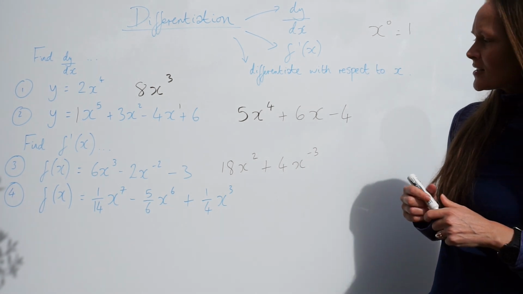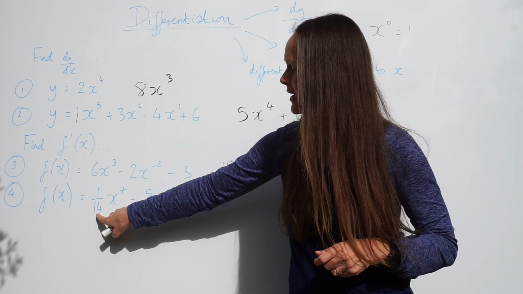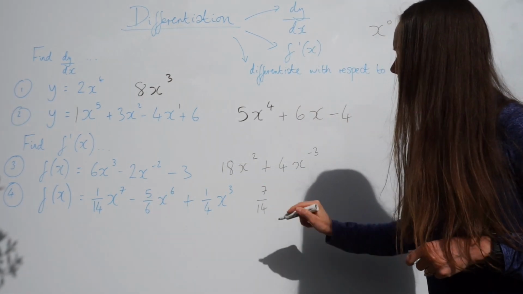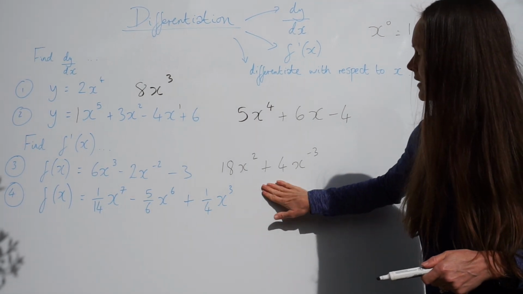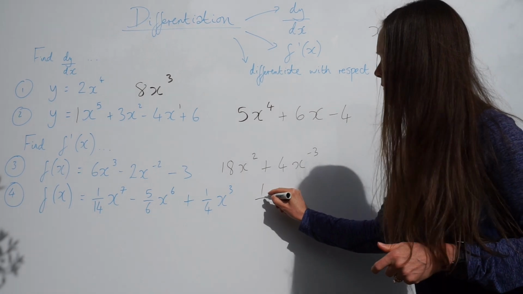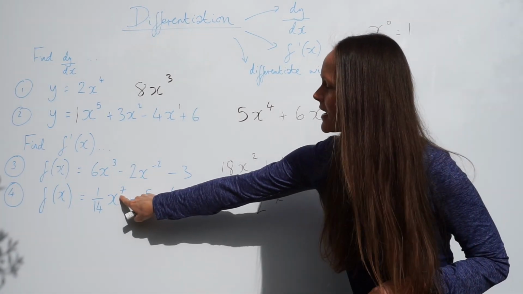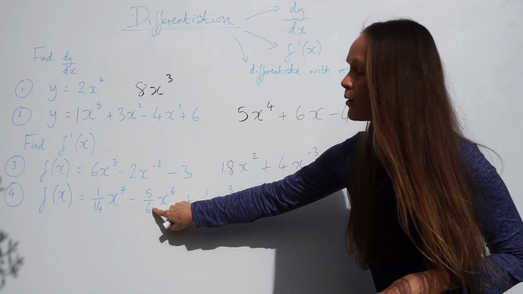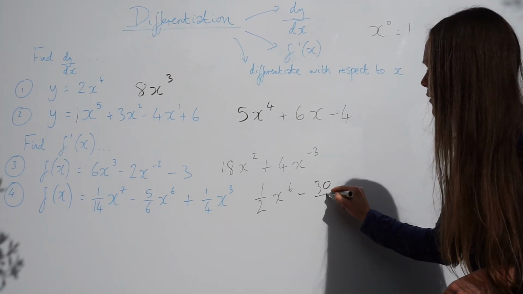So, just like before, take the power. So this time it's 7, and if we multiply that by 1/14, we get 7/14. But this is the same as a half, so instead of writing that, we can just write the simplified version. Then subtract 1 from 7, so we've got 6. Then 6 multiplied by 5/6 is minus 30 over 6.